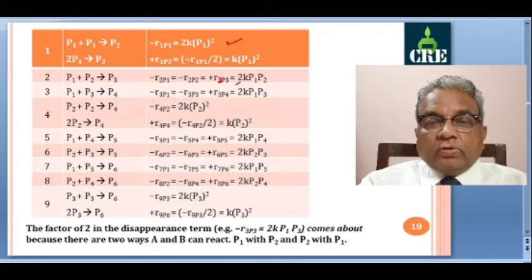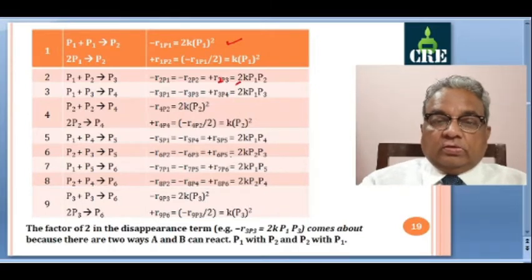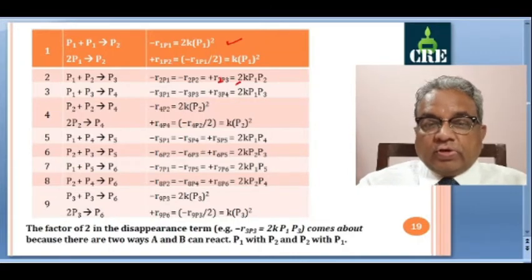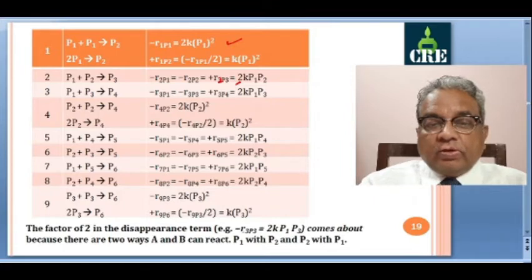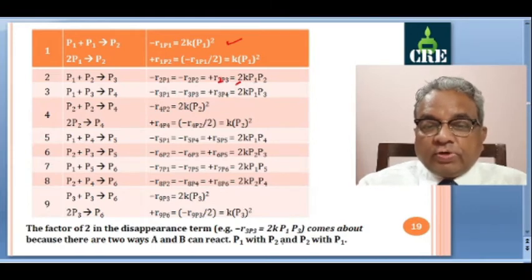And this term 2 we are using in all these representations of the reactions further while writing the rate law, because of the factor of 2 in the disappearance term, for example minus R3P3, this term here, 2K P1 P3 we have written, or here 2K P1 P2 we have written. Any example you can take.